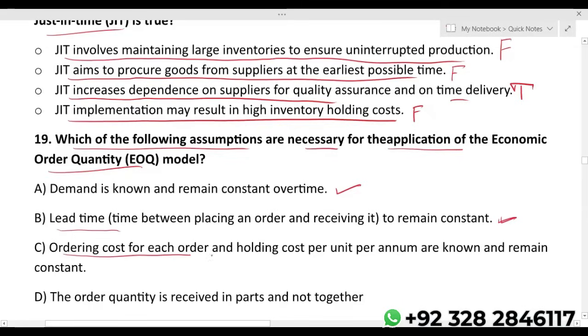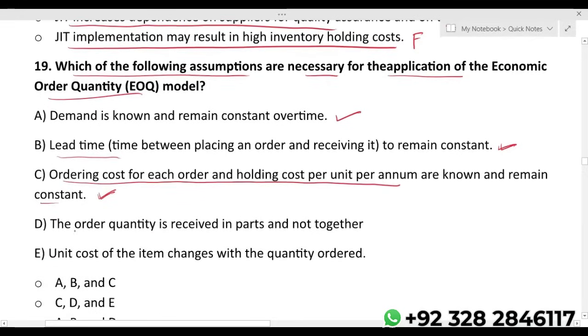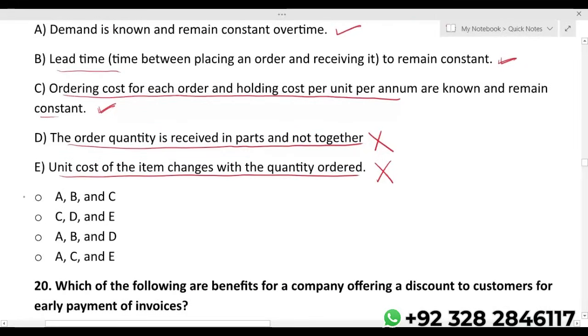Ordering costs for each order and holding costs per unit per annum are known and remain constant. That is another assumption. The order quantities are received in parts, not together. Come on. This is not an EOQ assumption. Unit cost of item changes with the quantity. Oh, no. There's no such assumption. 1, 2, 3. ABC.